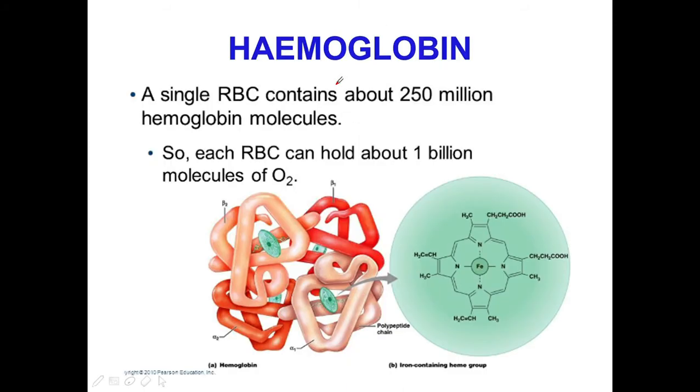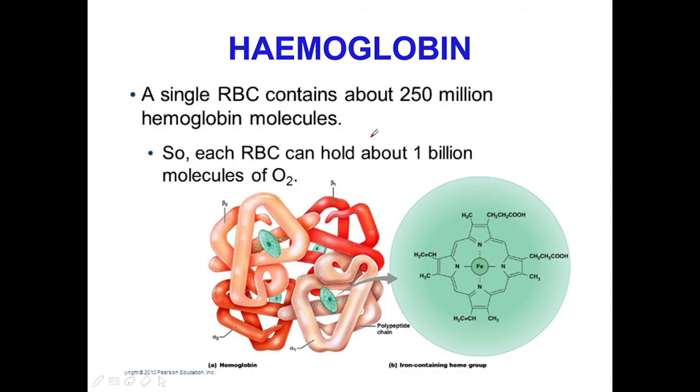Okay, this one shows you additional information on hemoglobin. So hemoglobin is the protein molecule in the red blood cells that carries oxygen. One hemoglobin molecule can bring up to 4 molecules of oxygen. A single red blood cell contains about 250 million hemoglobin molecules.